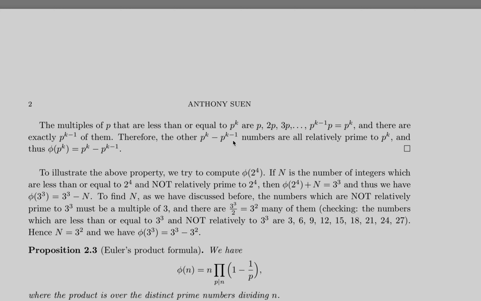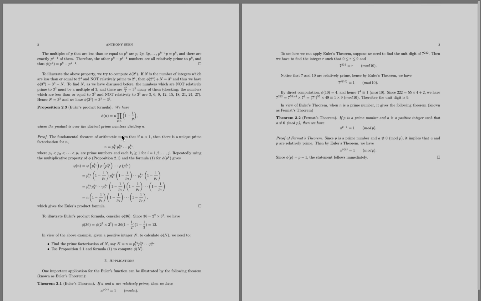The difference will always give you those numbers relatively prime to p to the power k, and therefore the Euler function of p to the power k is just p to the power k minus p to the power k minus 1. So it's a way of counting. It's not that easy, I would say, but if you think about it step by step, it's not that difficult to see that you must have that relation. But that is a very special case, when your number is a power of p.